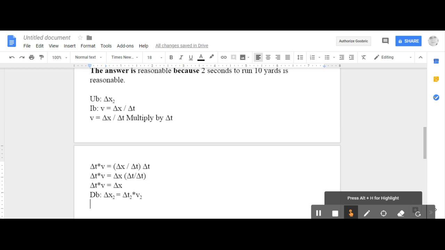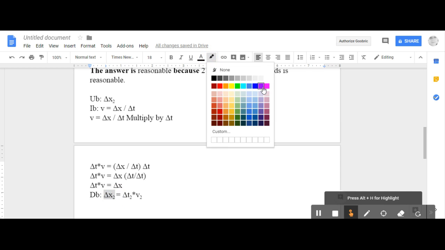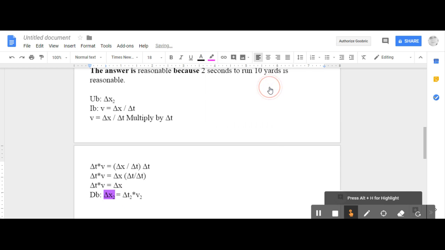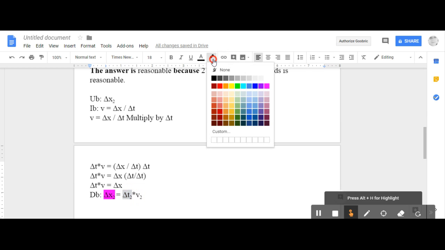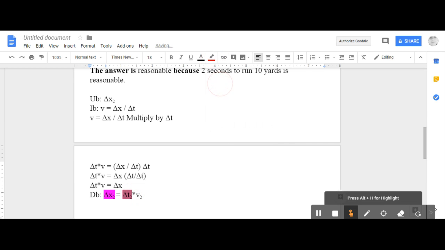So I need to go back and look up at my givens. So I need delta x2, which I'm going to make pink. I'm solving for delta x2. That actually looks purple. So I need delta t2, which I'm going to make red. And v2, which is going to be white. So I need delta t2.